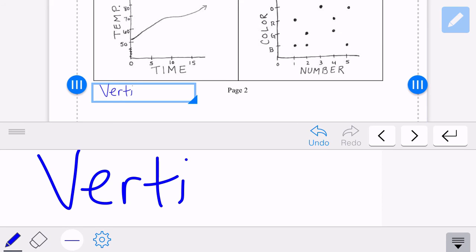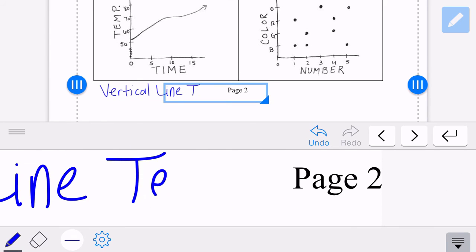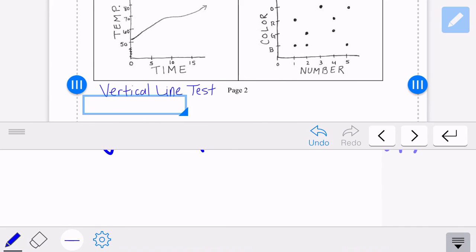Vertical line test. What that means is that if it's a function, a vertical line should only cross your function once.